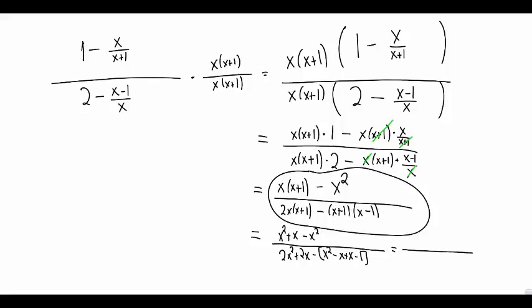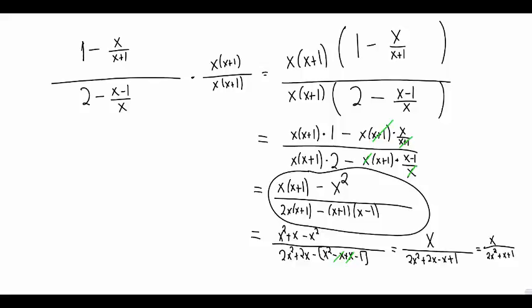The top reduces to just x. The bottom becomes minus x, and the positive x cancel. Remember, this minus 1 right here forces us to change all the signs when we distribute. So we get x over 2x squared.